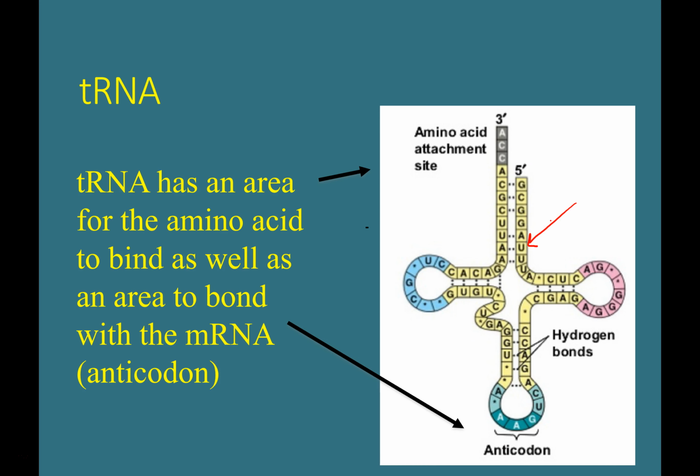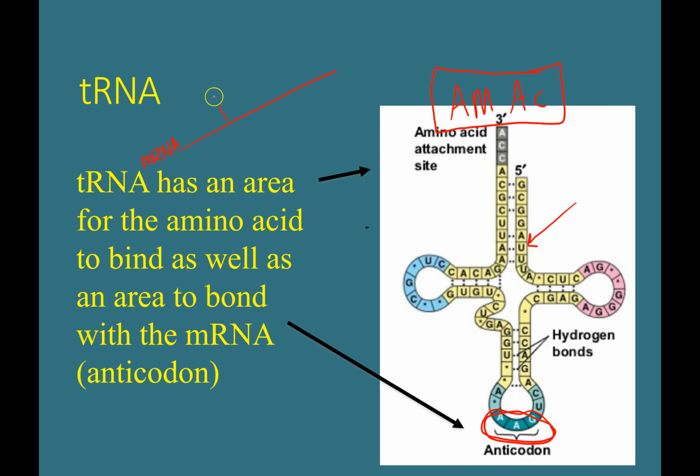I can't even really describe what it looks like, kind of like those jacks, that game jacks where you spin that little metal thing and bounce that ball, maybe, if you guys even know what that is. But what's going to happen is the amino acid is going to attach here. So whatever amino acid you have, that's going to be attached. Now, how do you know what amino acid you need? Well, this little thing called an anticodon is going to bind up to the codon. So let's say, for example, this is your mRNA.